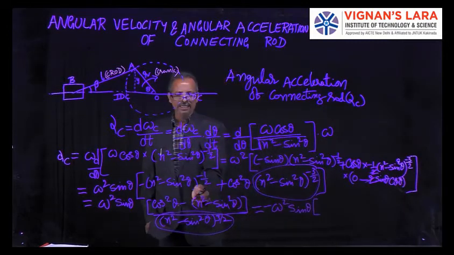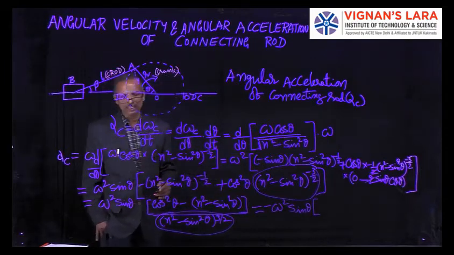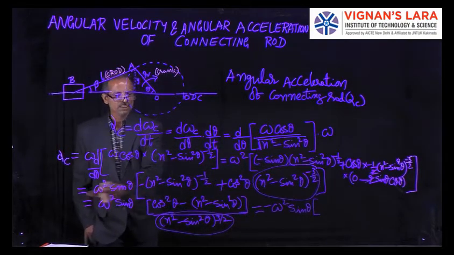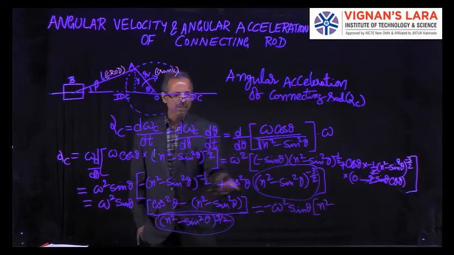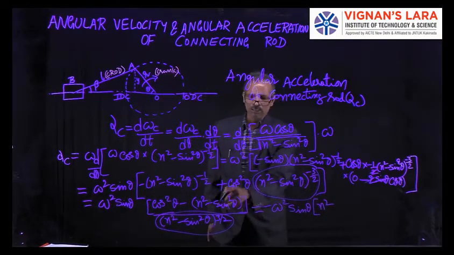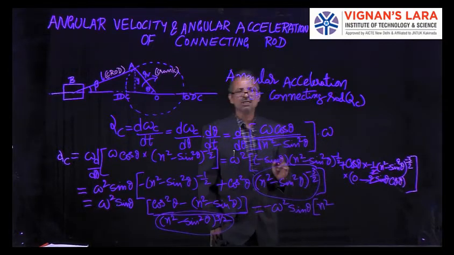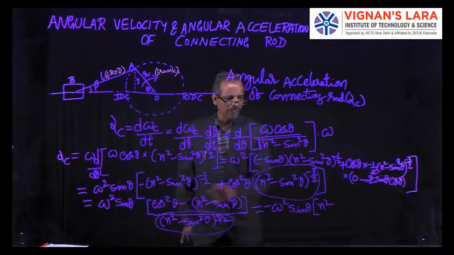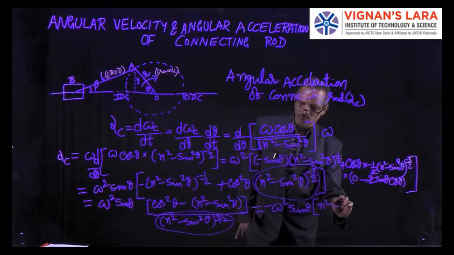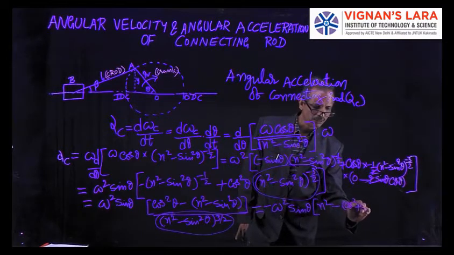Okay, then I have taken minus outside. Then what are the other terms I have? Minus is taken out, n square, then cos square theta plus sin square theta. What is cos square theta plus sin square theta? It is 1.